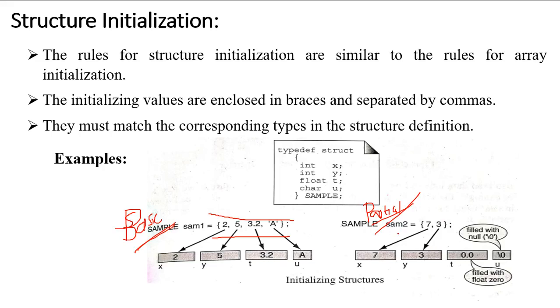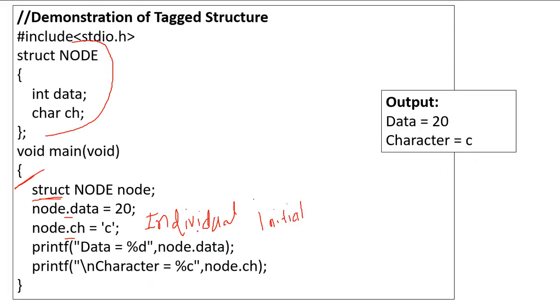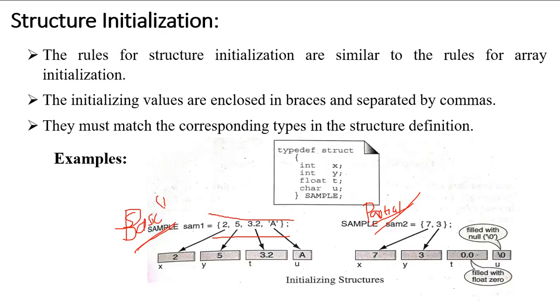And the third way is individual initialization with the help of the direct selection operator, where we initialize the structure fields one by one. So three initialization techniques. This is your third way, this is your first way, and this is your second way of initializing the structure.